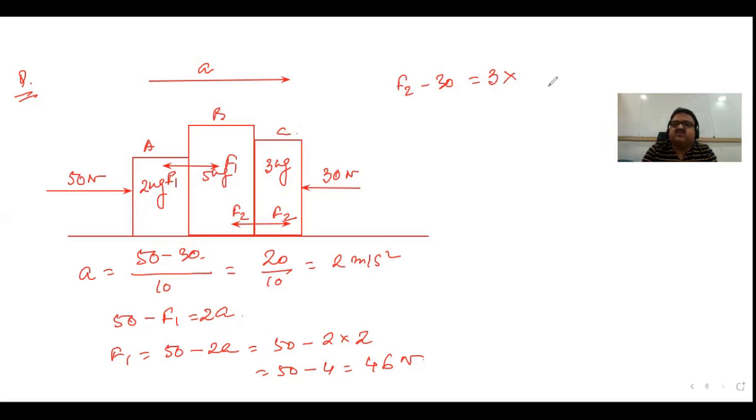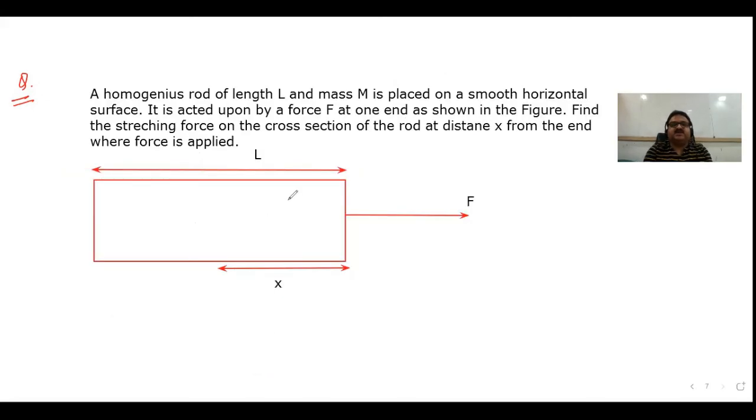A is already 2, and F2 is therefore 3 times 2, 6, plus 30, 36 Newton. So this is the answer. So easily you can handle it, in almost 1 to 2 minutes maximum. Look, a problem is given.